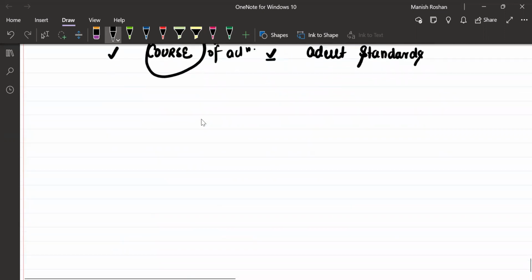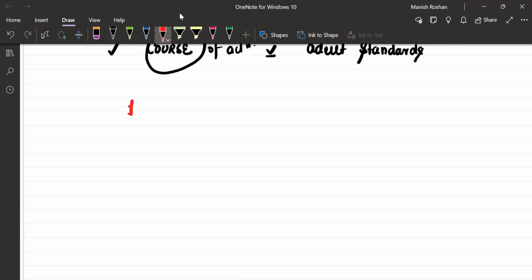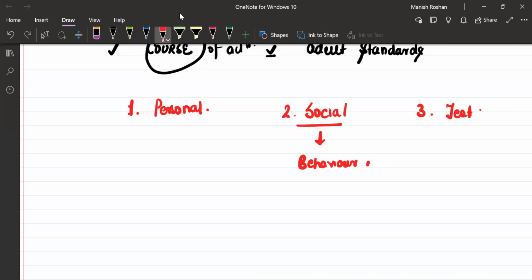So for assessing judgment, one is the test judgment, one is the social judgment, and one is the personal judgment. Social judgment is looked at through the behavior in the ward. It is not just the behavior towards the treating doctor or the treating team. It is also the behavior towards the other ward mates and nursing staff.